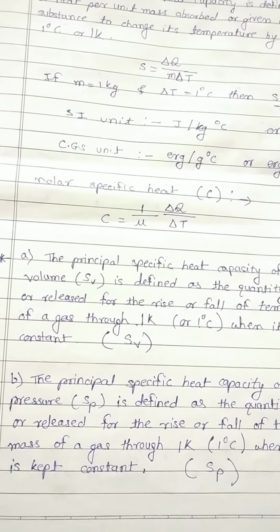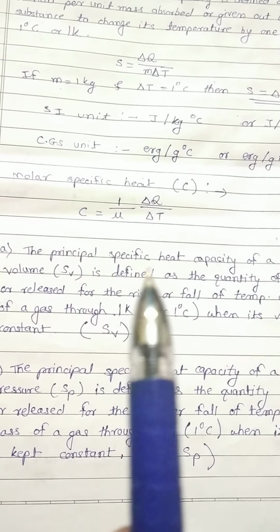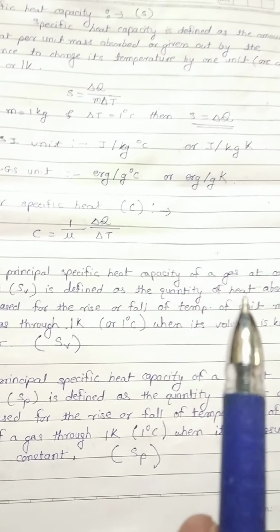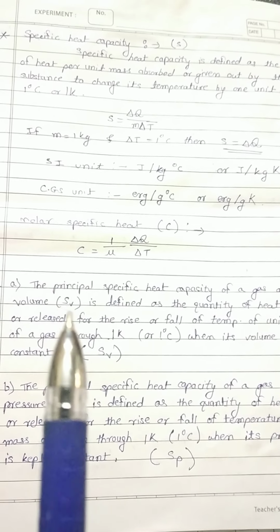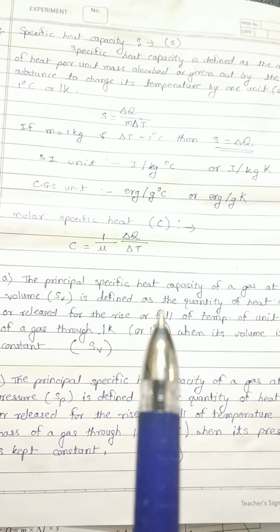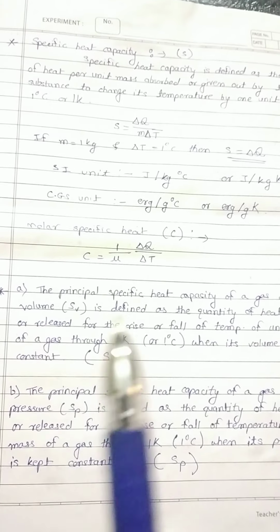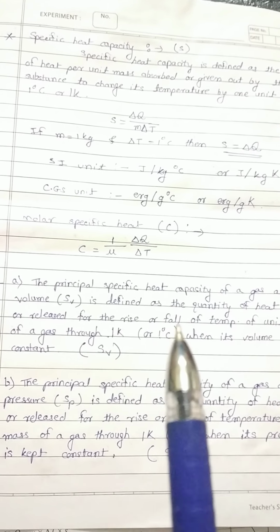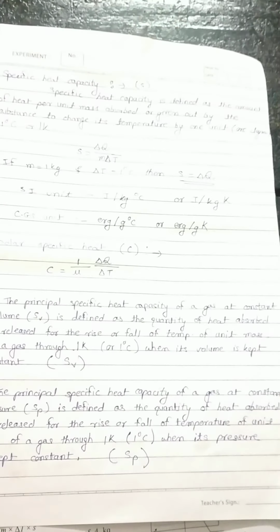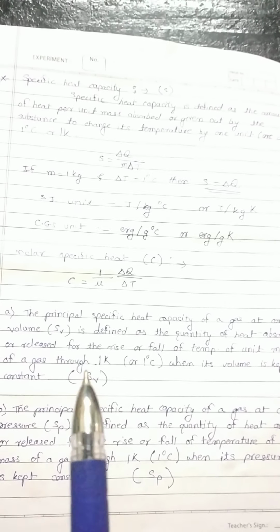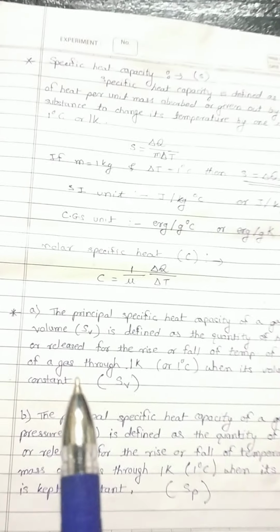Now the definitions of principal specific heat capacity. The principal specific heat capacity of a gas at constant volume, SV, is defined as the quantity of heat absorbed or released for the rise or fall of temperature of unit mass of a gas through 1 Kelvin or 1 degree Celsius when its volume is kept constant.